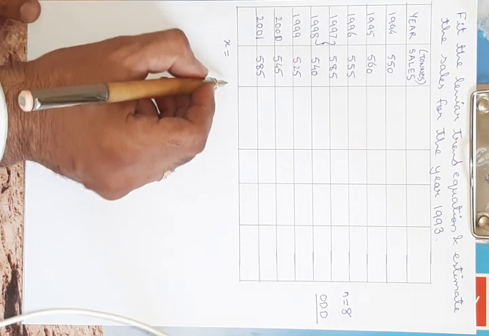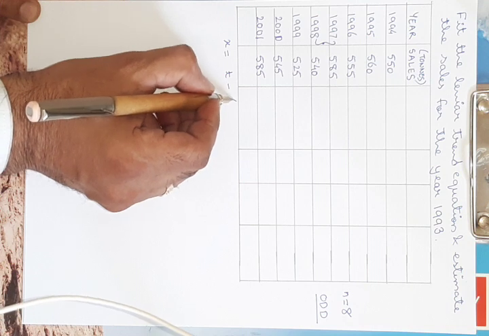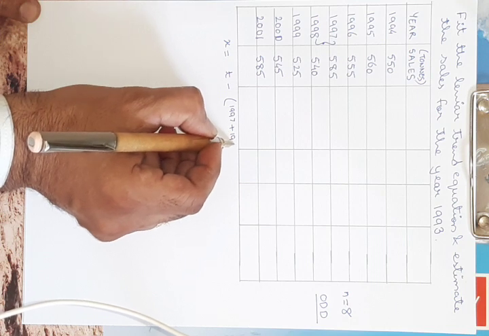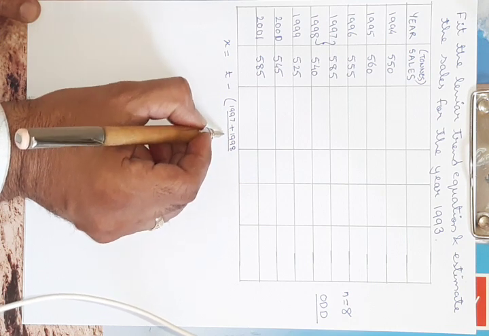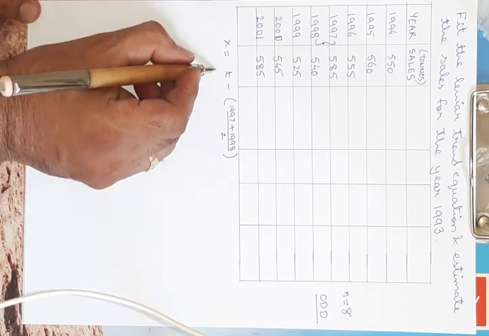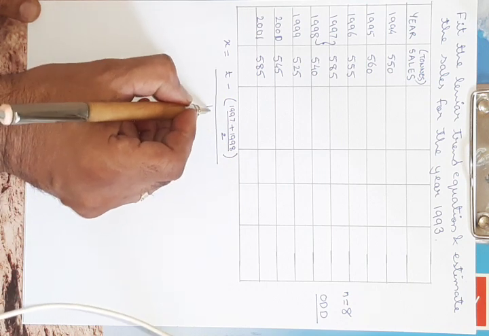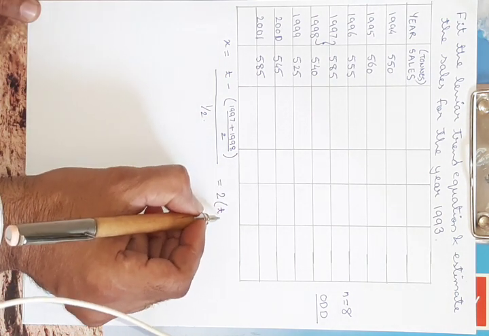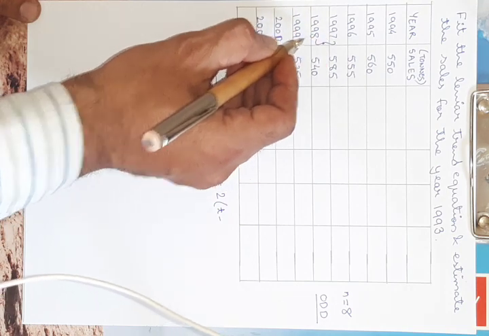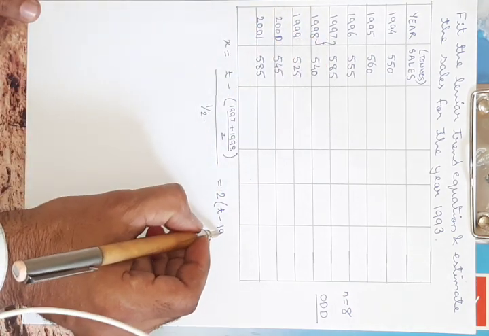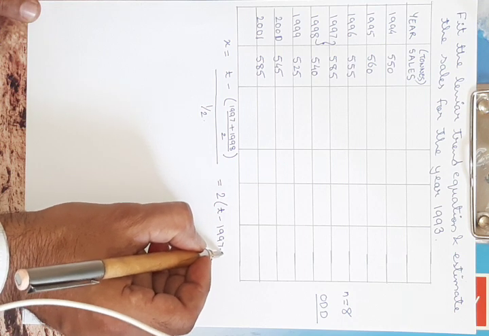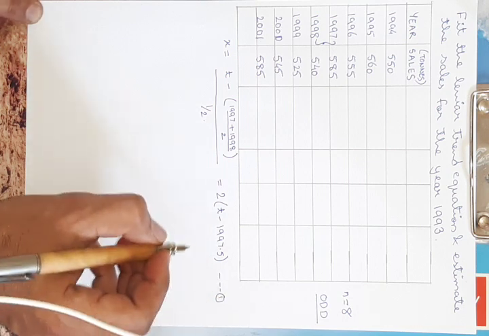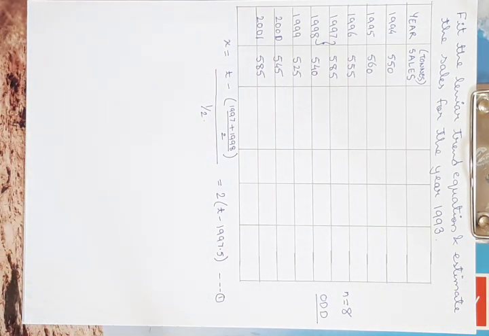It is given by x is equal to 2 into bracket t minus (1997 plus 1998) divided by 2. This is the mean of those 2 years, and the 1/2 is the interval. That is 1997.5. This is how we are shifting the origin. This is our equation number 1.